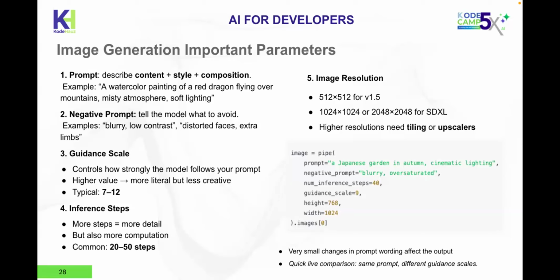Then, you also have inference steps. So inference steps, if you add more inference steps, you have more details, but it also means more computation. Because remember, the diffusion process or even the GAN generation process is done in cycles or in steps, well, epochs, if you call it.